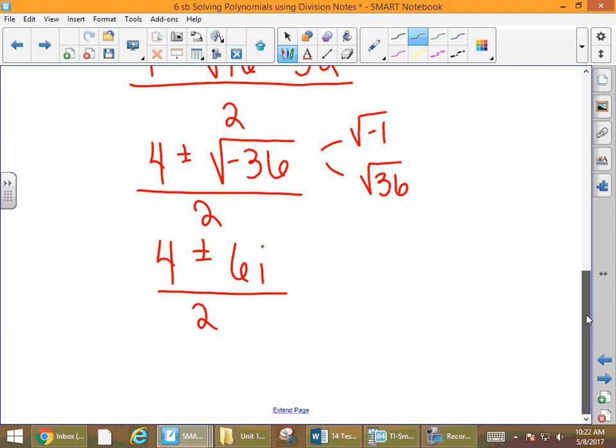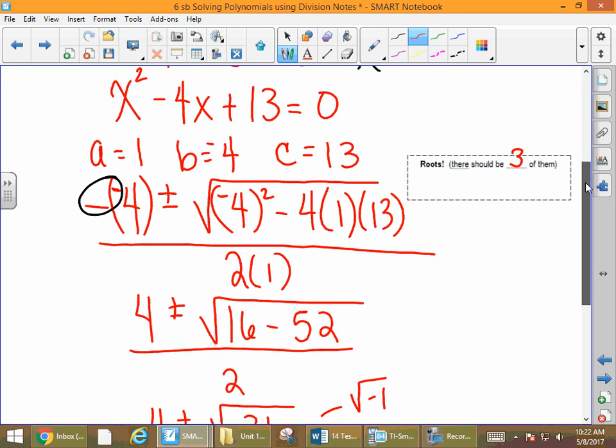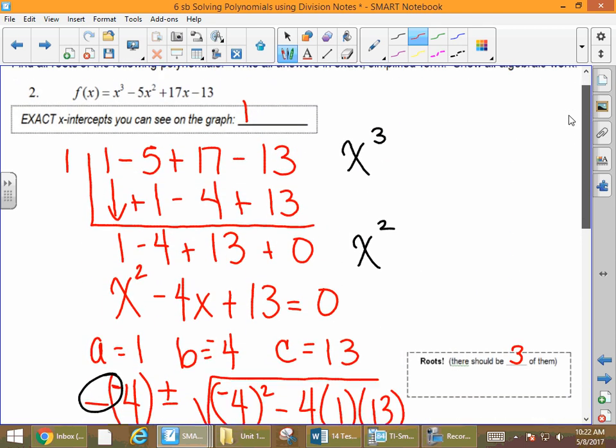And as we look a little bit closer here, we see that we can do one more step to this. Because 4 and 6 and 2 are all even numbers, if we divide 4 by 2, we get 2. If we divide 6i by 2, we get 3i. And now we have all 3 roots. Our 1, which we found way back at the beginning on our calculator.